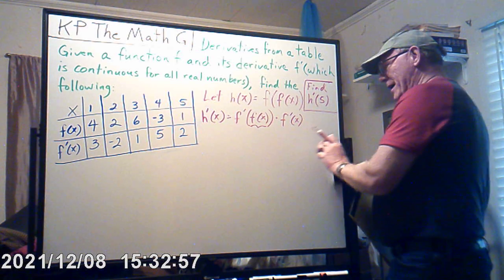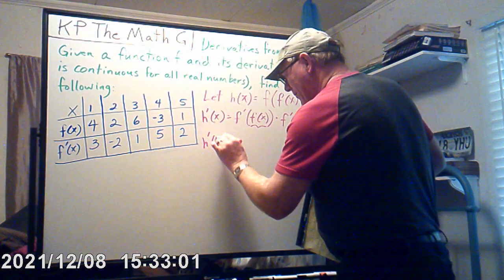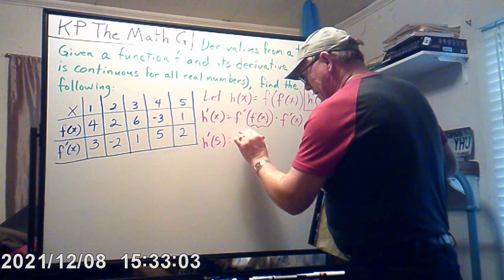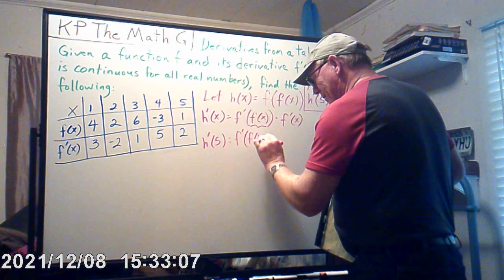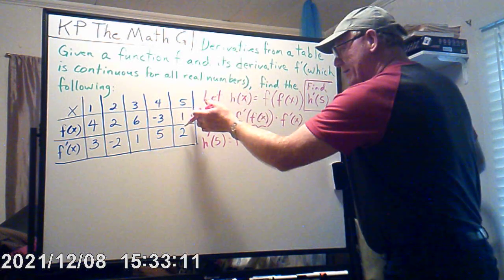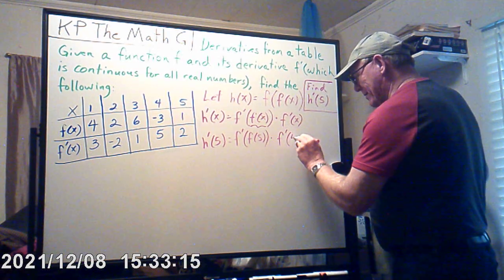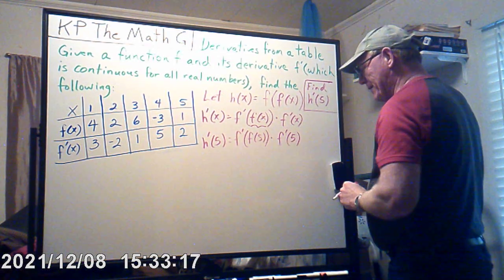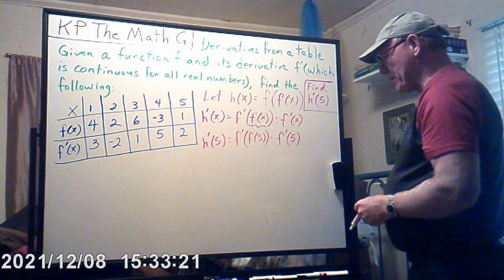So I want h prime at 5. H prime at 5 is f prime of f at 5, times f prime at 5. I know what f at 5 is, don't you? Looks simple enough to me.